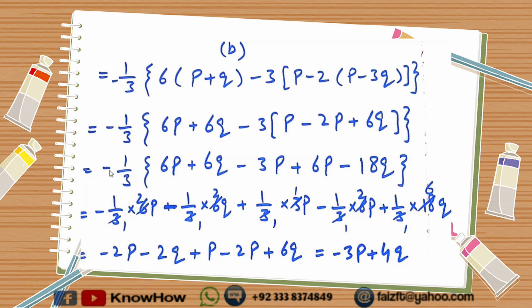I have solved it by multiplying minus 1 over 3 with each of the numbers and then simplifying as I have explained earlier, and then you get this answer: minus 2p minus 2q plus p minus 2p plus 6p. Then you add them, the p variables solved together like minus 2p and p, and this minus 2p, the answer is minus 3p, and the q variables are solved together to get the answer for q.